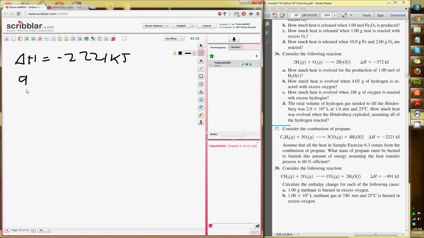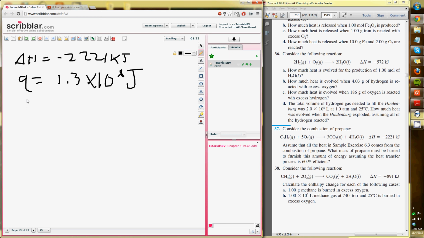Q would be equal to 1.3 times 10 to the 8 joules. Sorry, I was spending that time flipping my book to sample exercise 6.3. You should look at it too.